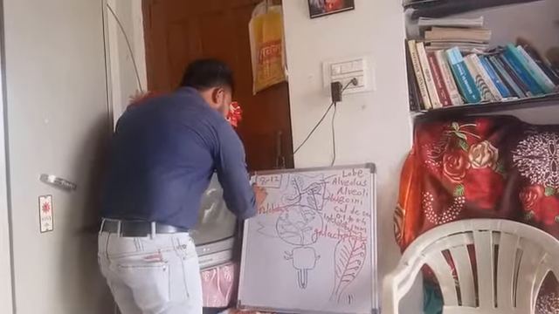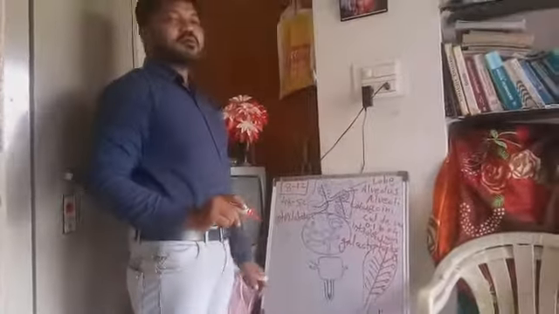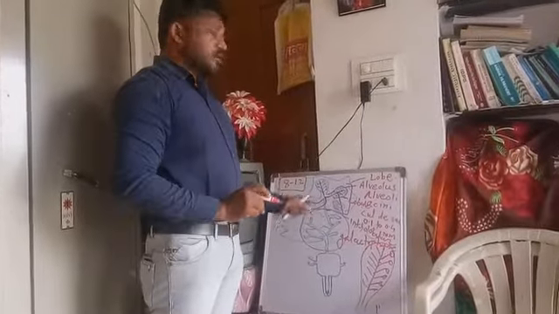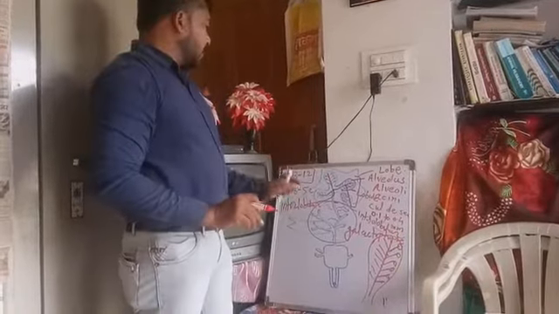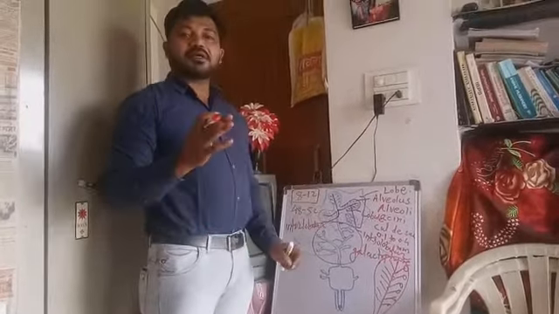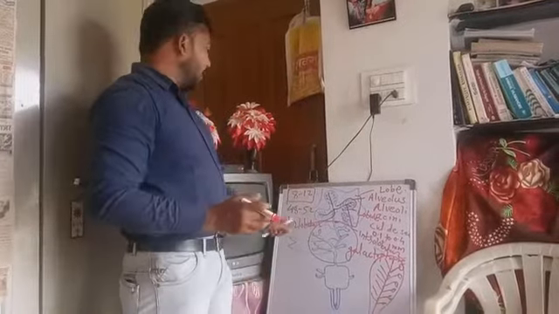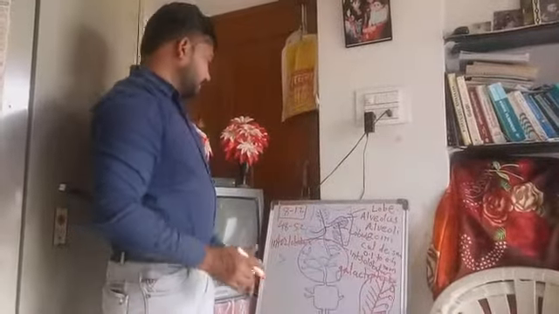So one udder contains 48 to 52 large ducts. It may be asked as a fill in the blanks: dash to dash number of large ducts present in a single quarter, or dash to dash number of large ducts present in the udder.